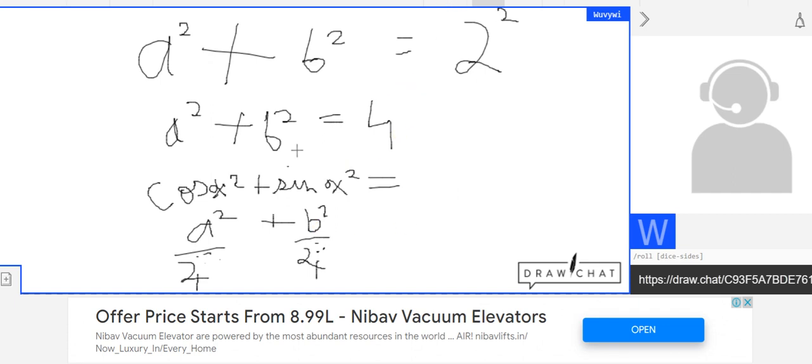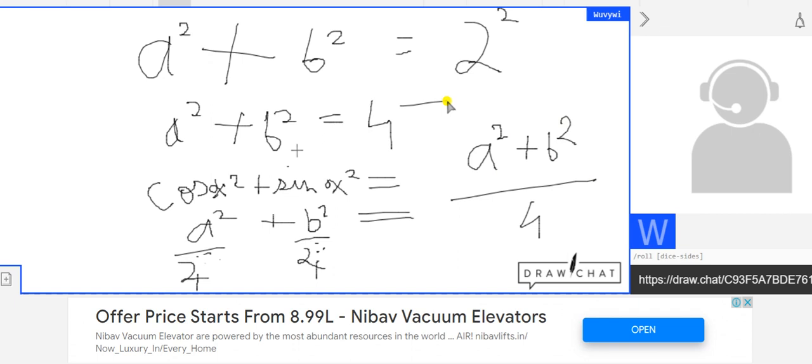2 square is nothing but 4. So we add this. We don't know what the answer is. It could be cos square plus sin x square, could be anything. Let's find the answer. So it'll be a square plus b square by 4.